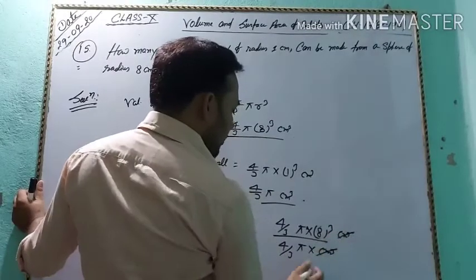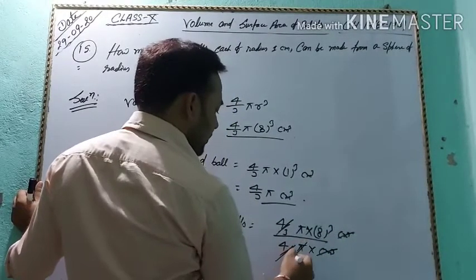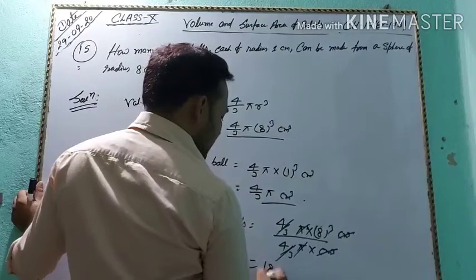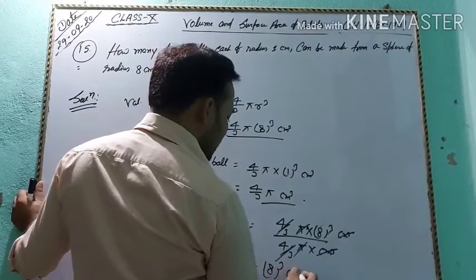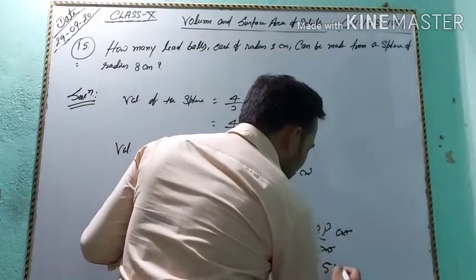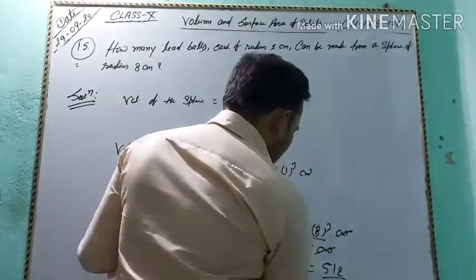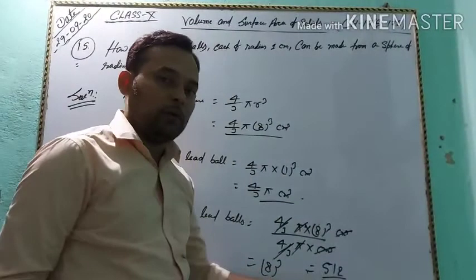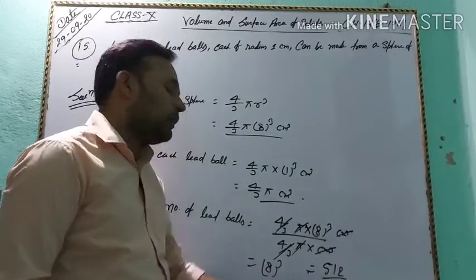Cubic centimeter is cancelled, 4/3 cancelled, pi is cancelled, that is 8 whole cube, equal to 512 balls. 8 cube is 512. So the number of balls is equal to 512.